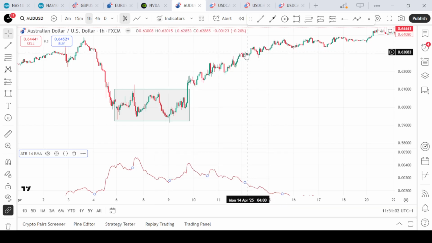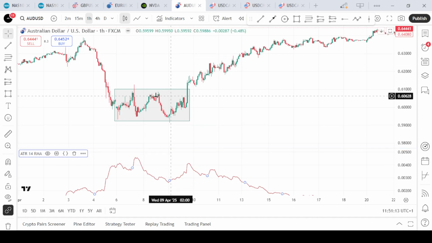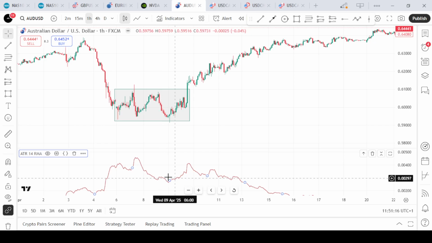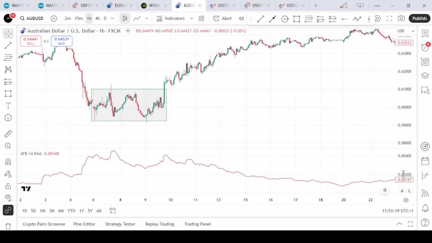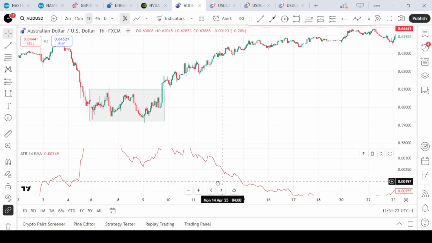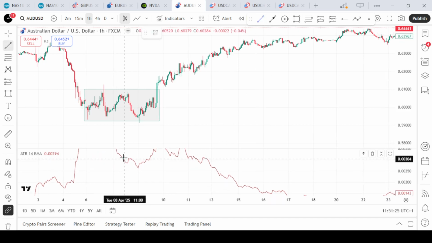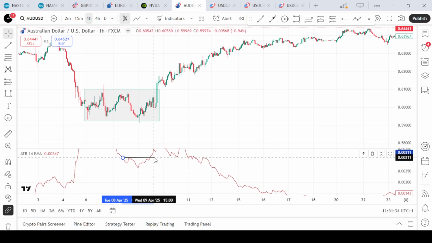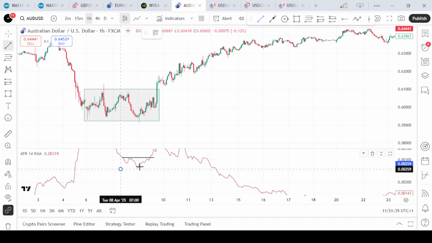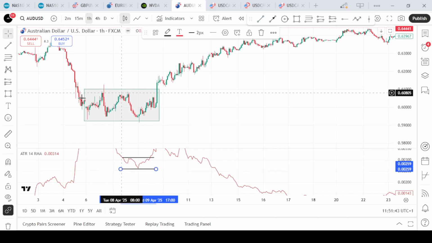Now you have to create the ATR channel by plotting lines where the upper boundary and the lower boundary are on your ATR indicator. This is all you need to do, and you can see it coincides with the ranging market on the chart.